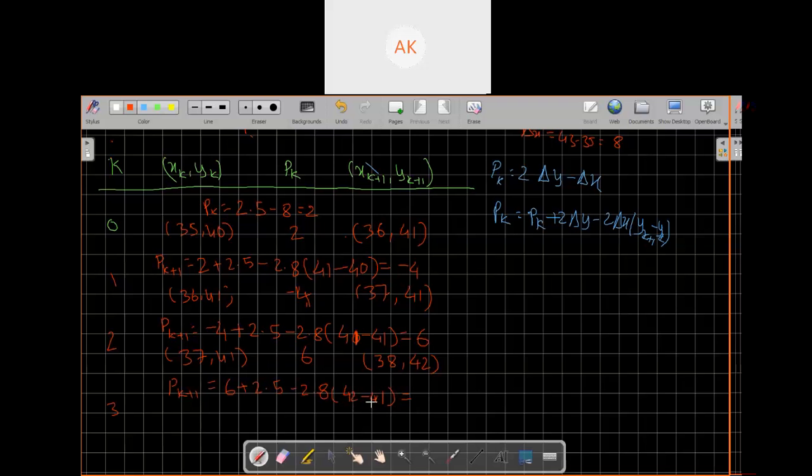Simplify this: 42 minus 41 is 1. It's minus 16 plus 10 minus 6 plus 6, so 0. Your pk+1 is 0.